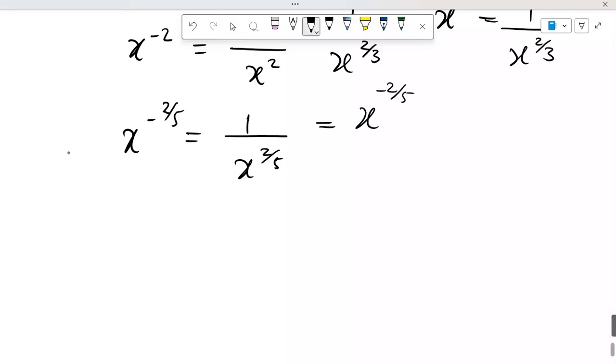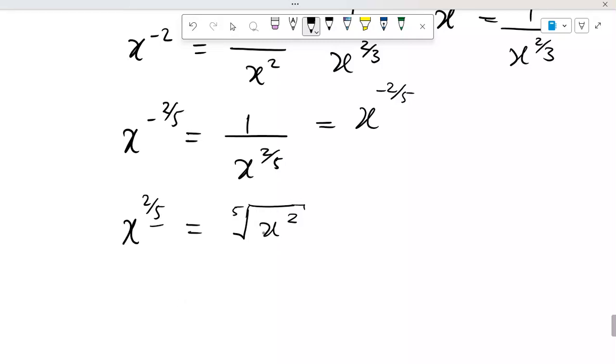Also, you need to know these things. Let's say you have x to the power 2 over 5. This can be rewritten like this. So you have x here, the denominator 5 comes here, then the numerator comes here.